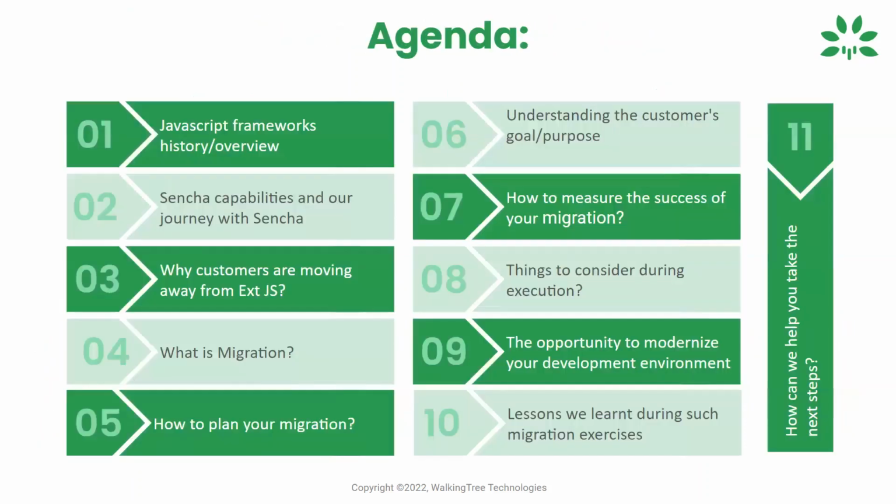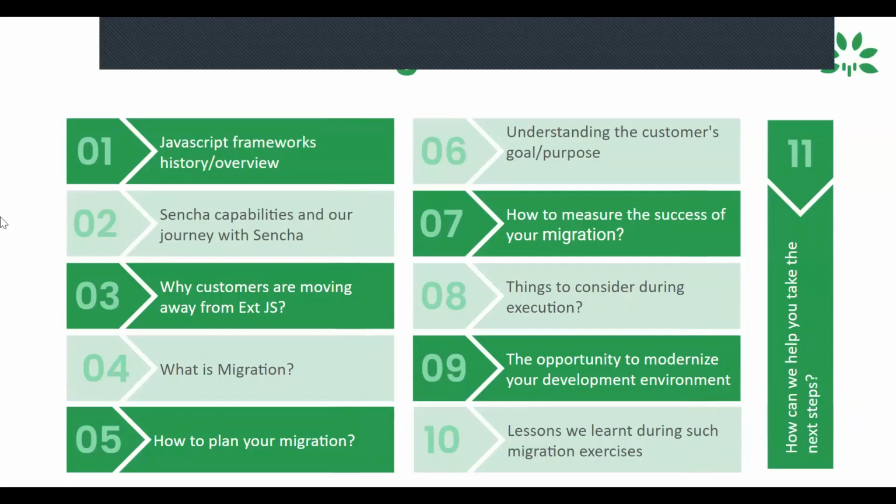So as part of today's session, we'll cover 10 points. First, we'll try to understand the JavaScript frameworks history and overview, basically how JavaScript frameworks have evolved. Then we'll understand the Sencha capabilities and our journey, that is WalkingTree's journey with Sencha, what we have done and what we have achieved with Sencha over the last 12 years.